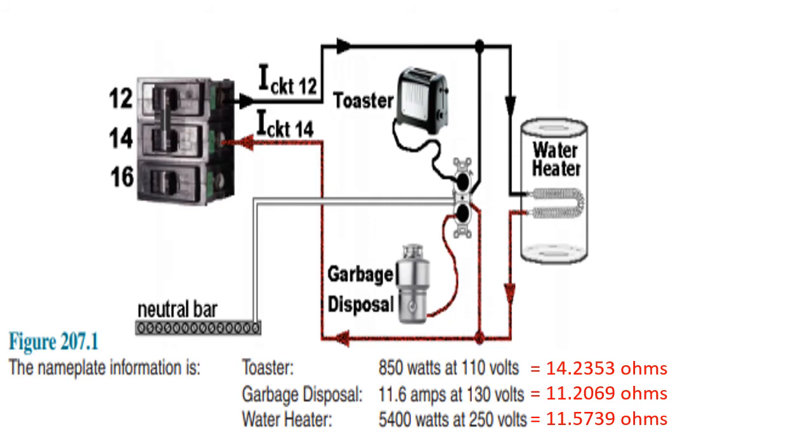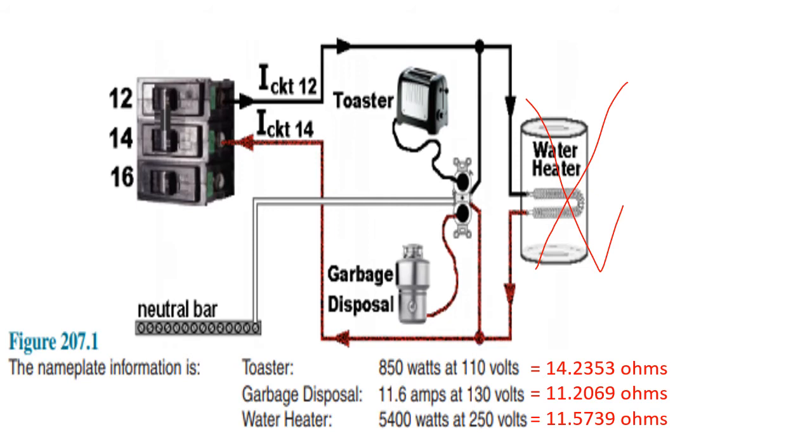Our toaster is 14.2353 ohms. Our garbage disposal is 11.2069 ohms. And our water heater is 11.5739 ohms. Now, in this question, the water heater is not even involved, so we can just eliminate that from our equation.